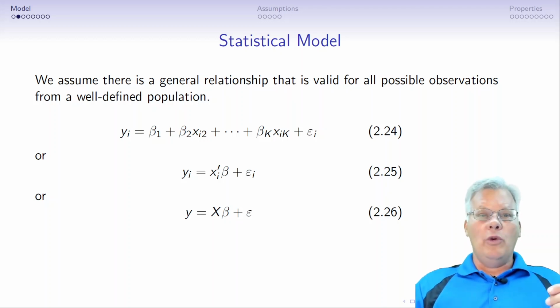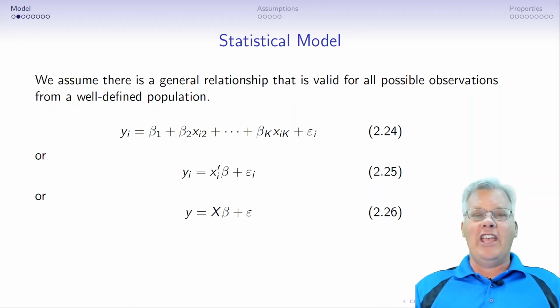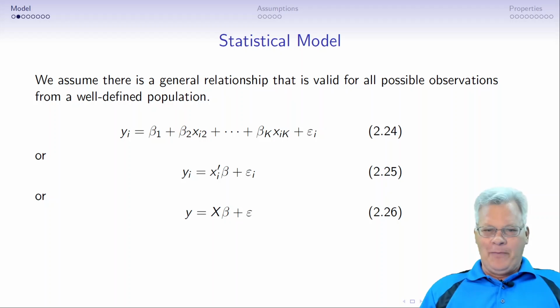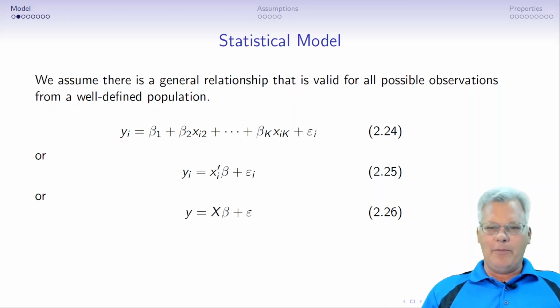Now, Verbeek defines for us the statistical model using three different notation sets. What you'll notice as we go throughout the semester is that through the text, Verbeek is going to alternate between these three notation sets.